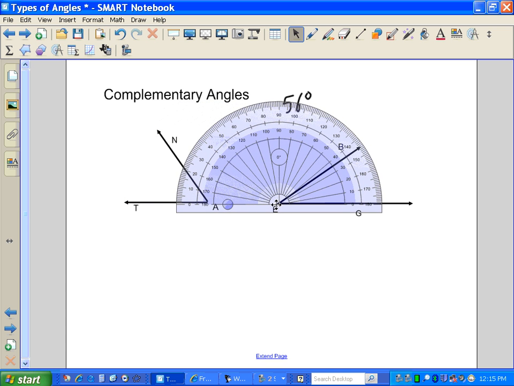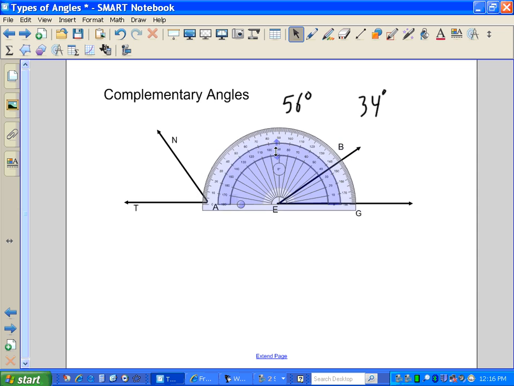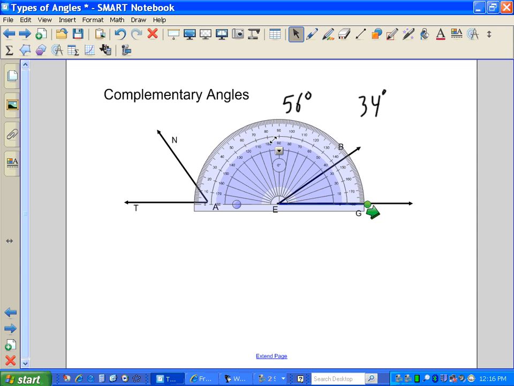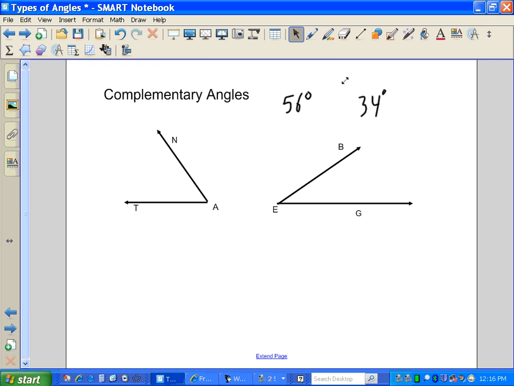We line up the little centerpiece right there at the angle. That one appears to be about 44 degrees. No, 34 degrees. So this angle is 34 degrees. And if we notice the two of them, oh, what happened? Let's just get rid of that thing. Boom. The two of them add up to 90 degrees.